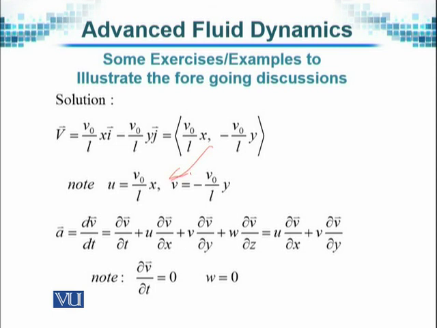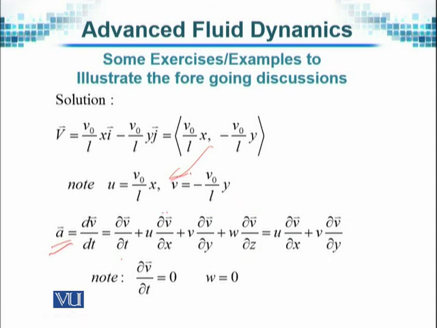Now the acceleration vector is equal to the total derivative of the velocity with respect to time, which is equal to the partial derivative of V with respect to time plus what we call the convective terms: u into dV by dx plus v into dV by dy plus w into dV by dz.